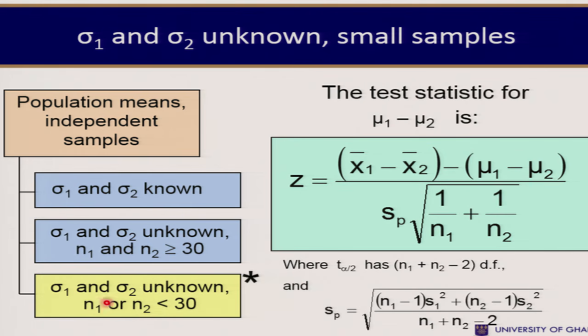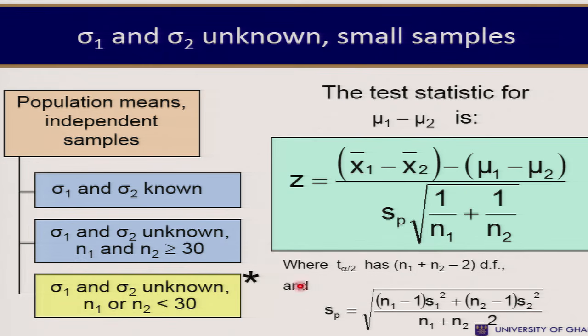In the last situation where sigma 1 and sigma 2 are unknown and our sample sizes are small, we're going to have what we call a pooled standard deviation. The pooled standard deviation is calculated by finding the square root of the sample size for the first group minus 1 times its variance, plus the sample size for the second group minus 1 times its variance, all over n1 plus n2 minus 2.